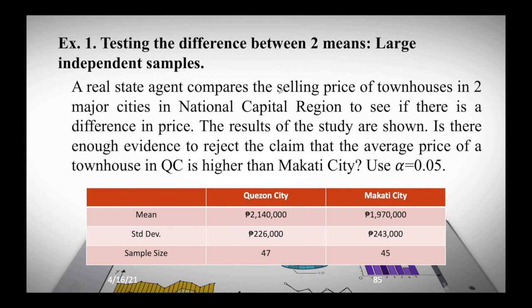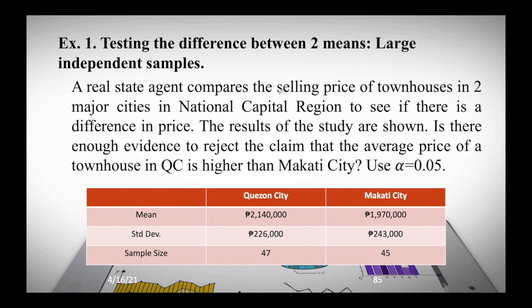Now, let's have our example problem. First example, testing the difference between two means, large independent samples. Here we have a real estate agent who compares the selling price of townhouses in two major cities in the National Capital Region, or the NCR, to see if there is a difference in price. The results of this study are shown below in the table.